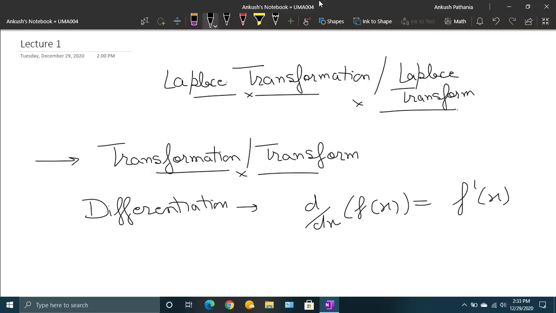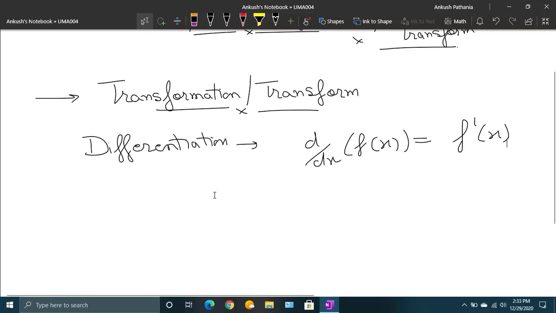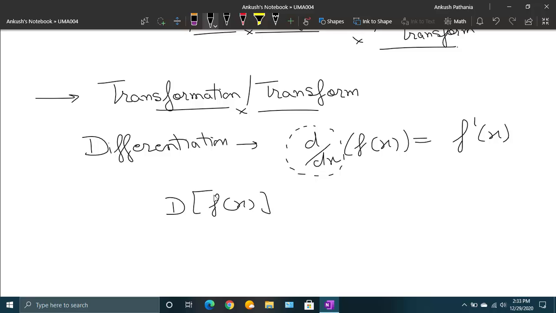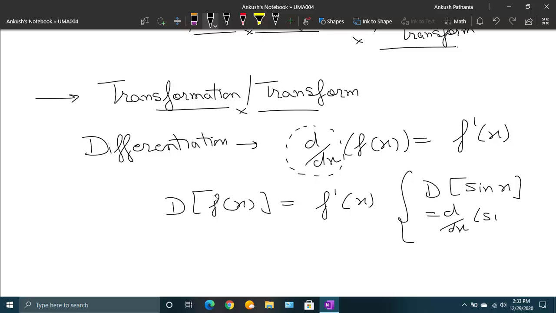This is differentiation in general. If I represent the operator d/dx by capital D, then I can write the derivative like this. Something like if you have sin x, then d by dx of sin x gives you cos x.